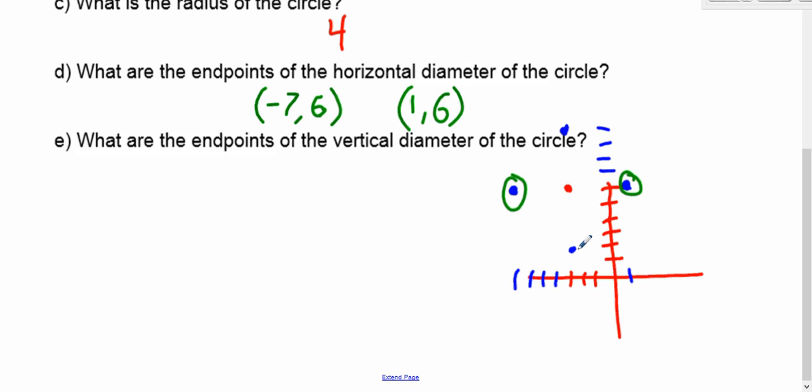For your vertical diameter, we're taking these 2 endpoints. That's negative 3, 2. And negative 3, 10.